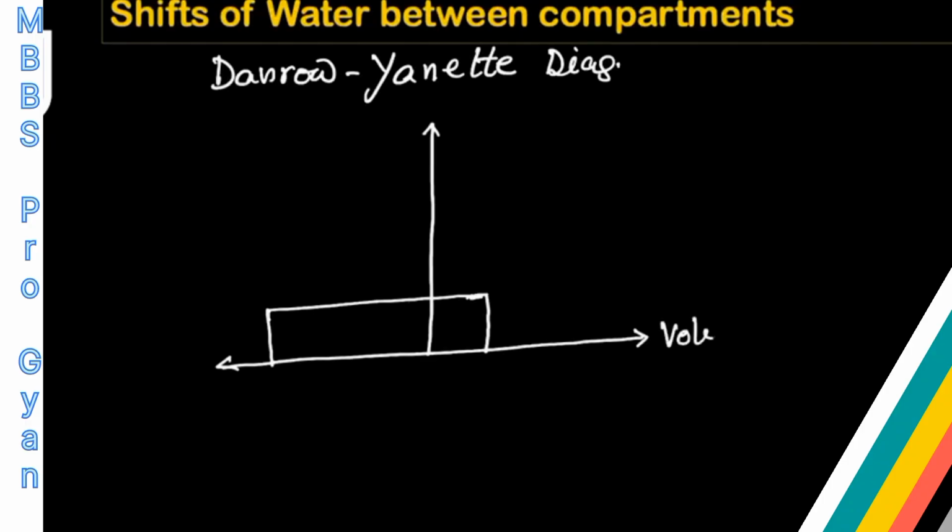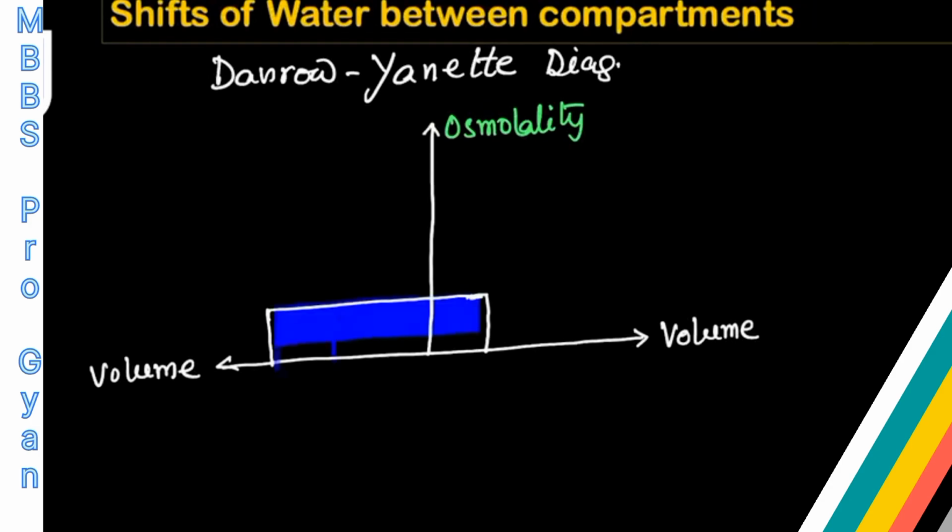This x-axis is the volume axis, and the y-axis is the osmolality axis. And this whole box represents the total body water. This whole box represents the volume of the total body water.